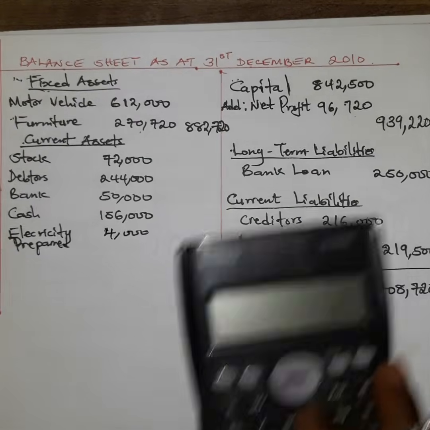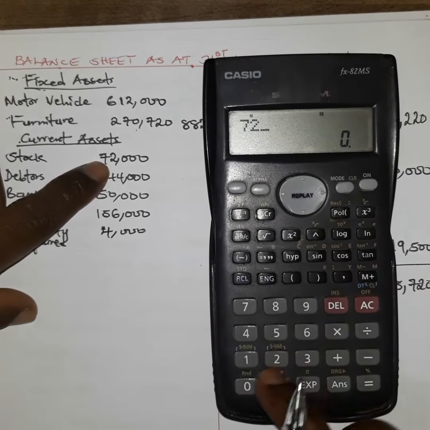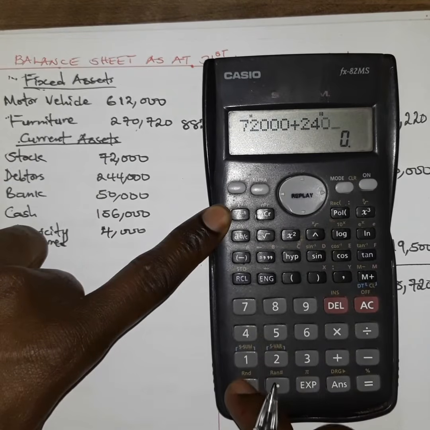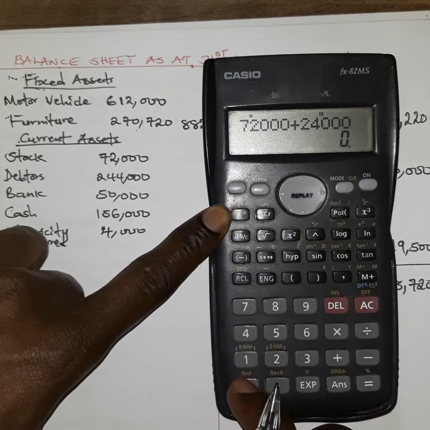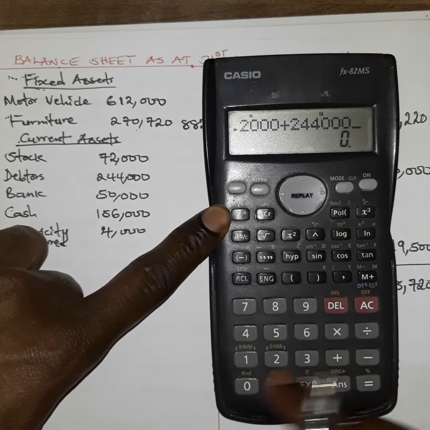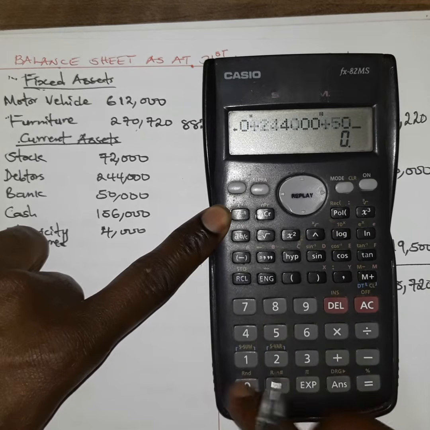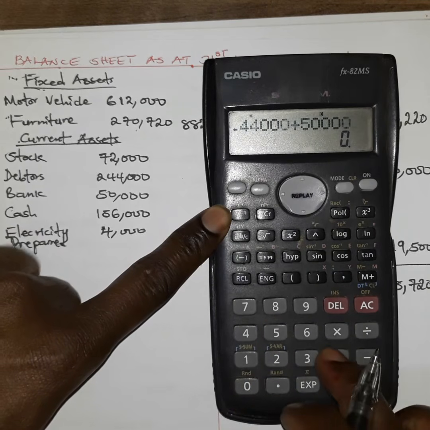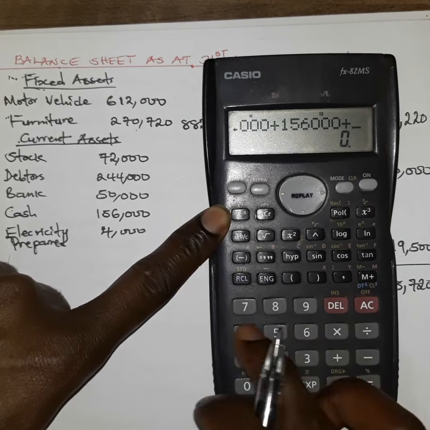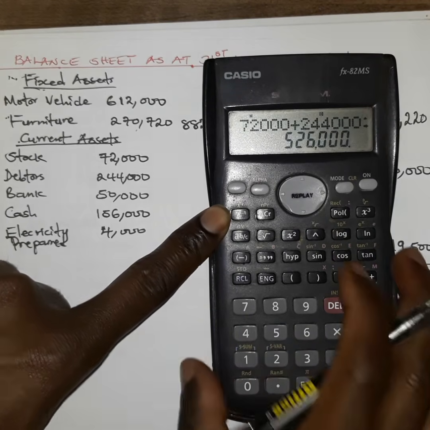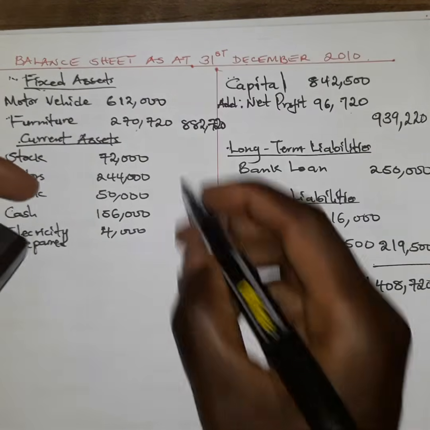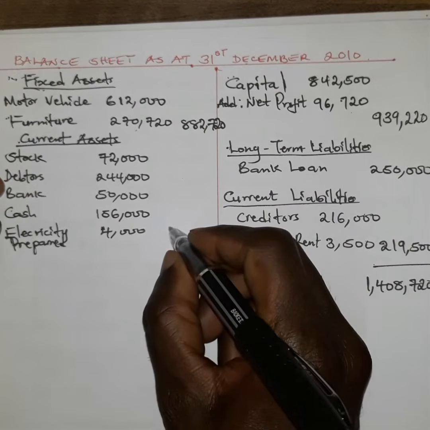So when you add 72,000 plus 244,000 plus 50,000 plus 156,000 plus 4,000, we get a value of 526,000. This is the total of the current assets.